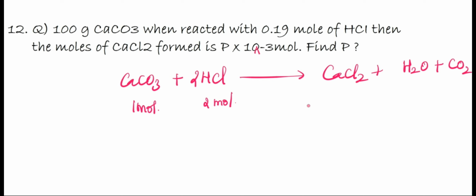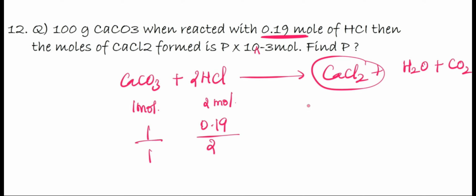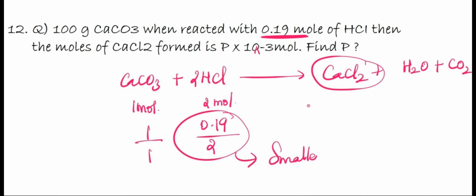Okay, so they have given that 0.19 mole of HCl is treated, which means we have to find the limiting reagent to find out the calcium chloride amount. So in that case, put 0.19 divided by the stoichiometric coefficient, here 1 by 1, which will give you the smaller value, so this is the limiting reagent.